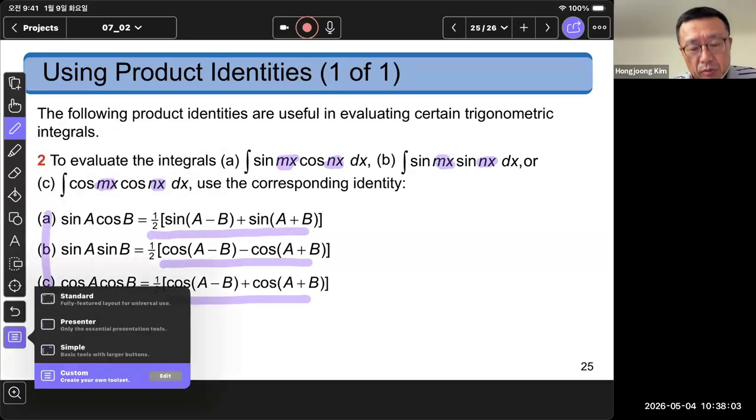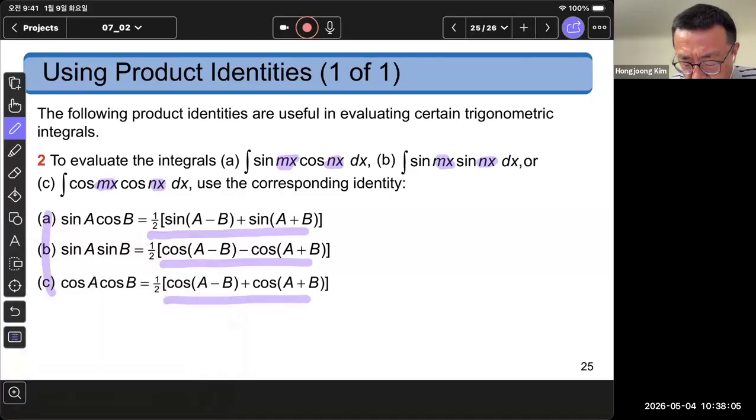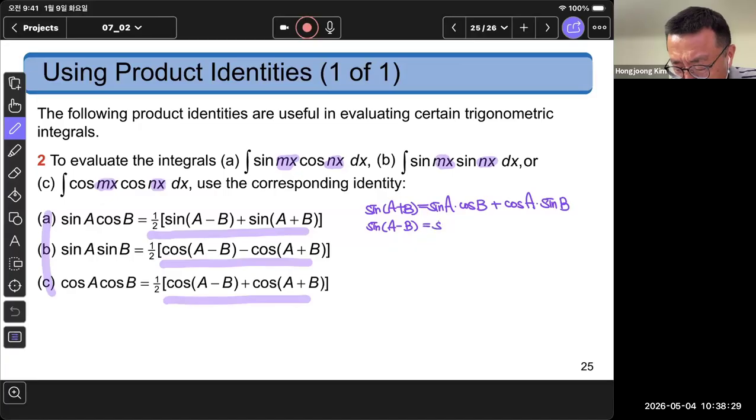As we know, sine of A plus B equals sine A cosine B plus cosine A sine B, and sine of A minus B is sine A cosine B minus cosine A sine B.